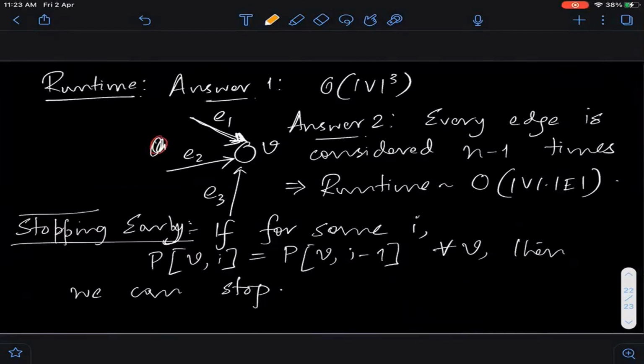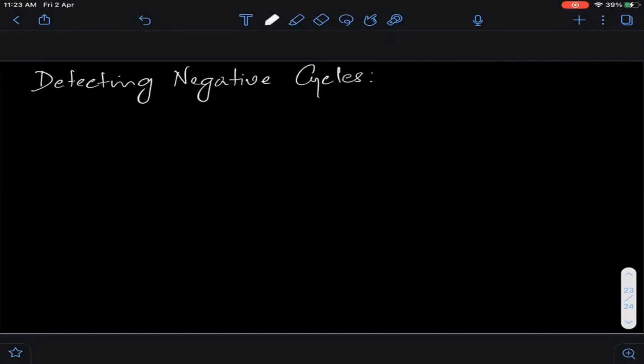So then the only thing that remains to be discussed about this algorithm is this issue of detecting negative cycles. Okay. So let's just take stock of what we know.